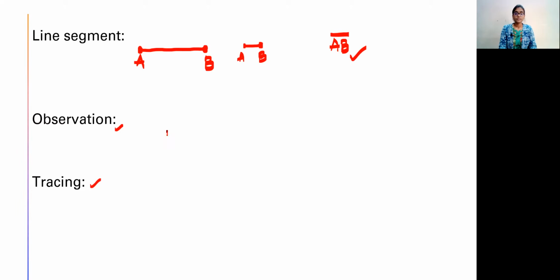So what do they mean? If you take two lines, as you observe, the first line is smaller and the second line is quite bigger than the first line, right?